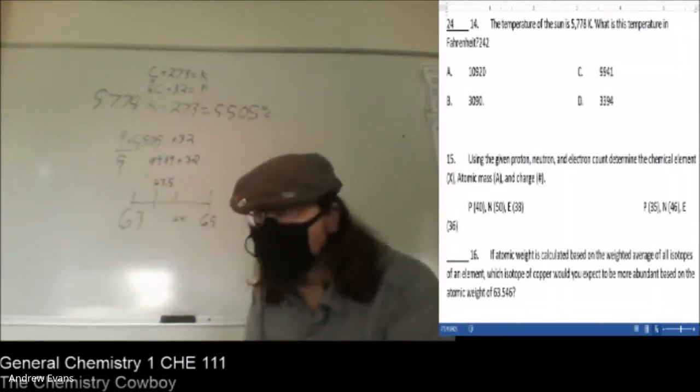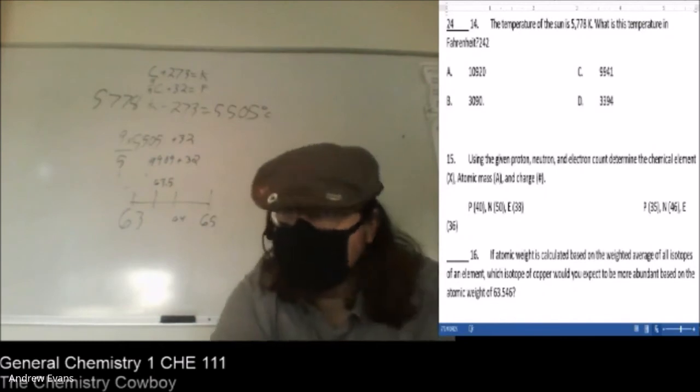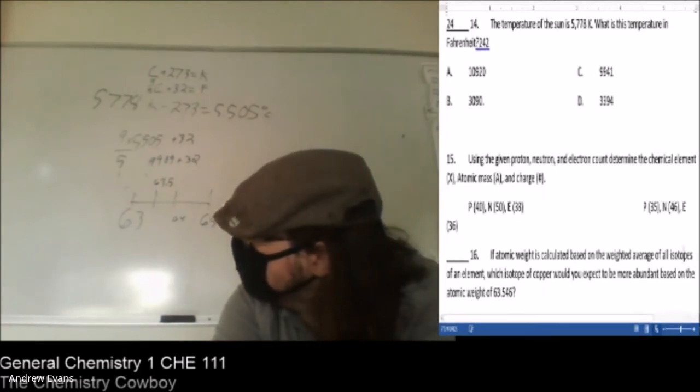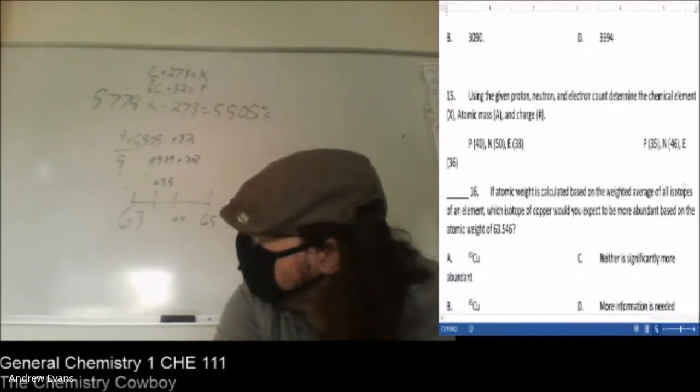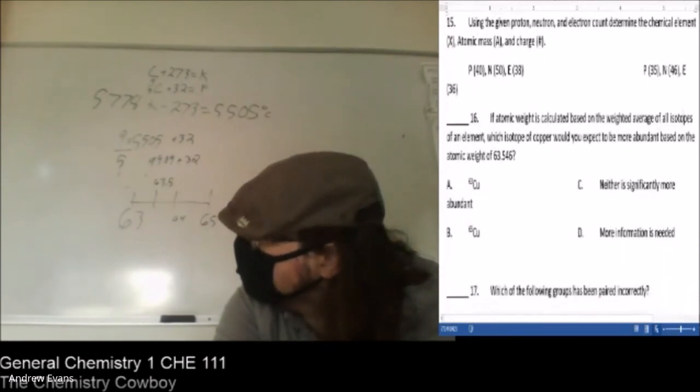The four possibilities are: 63 is more abundant, 65 is more abundant, neither is more abundant, or more information is needed.